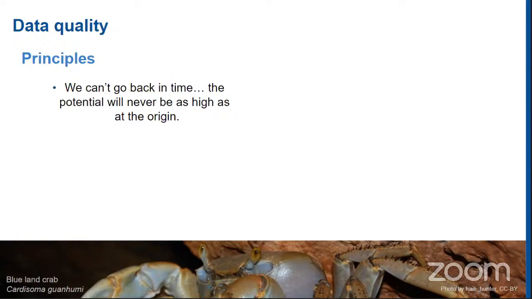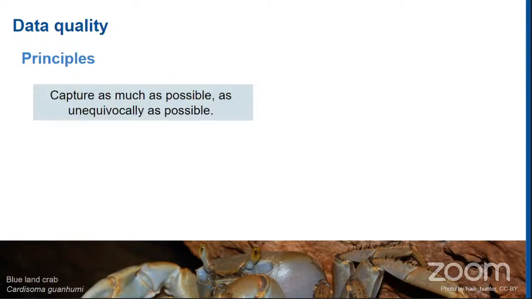For instance, if we go to the field to collect data and we forget to write down some information, that information is lost. We cannot go back, because if we go back, it's going to be different. So we're missing a piece there. So it will be very important to capture as much as possible, as unequivocally as possible.